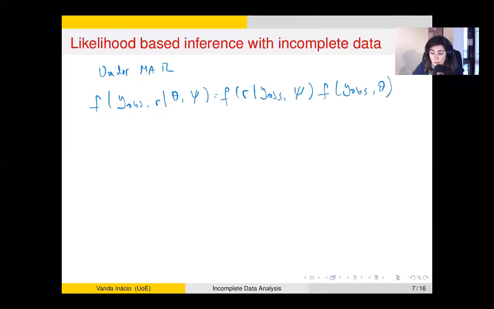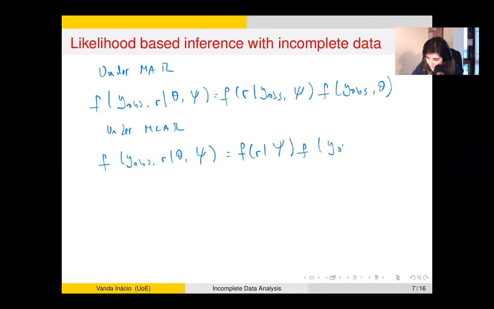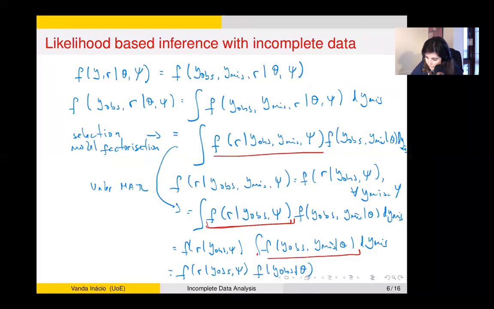And under missing completely at random, it simplifies even more, as we have already talked about. Sorry, here I should put it like this. Let me check what I have done. Yes.